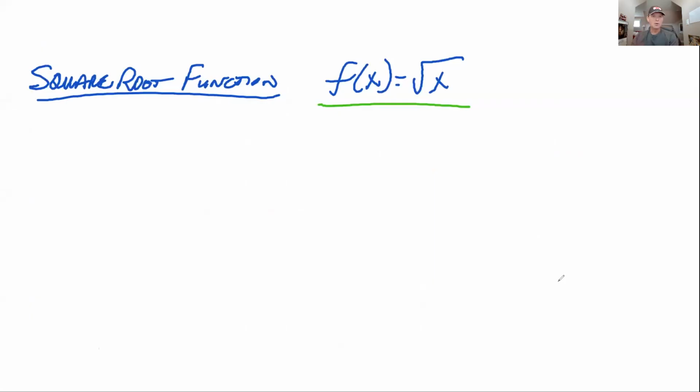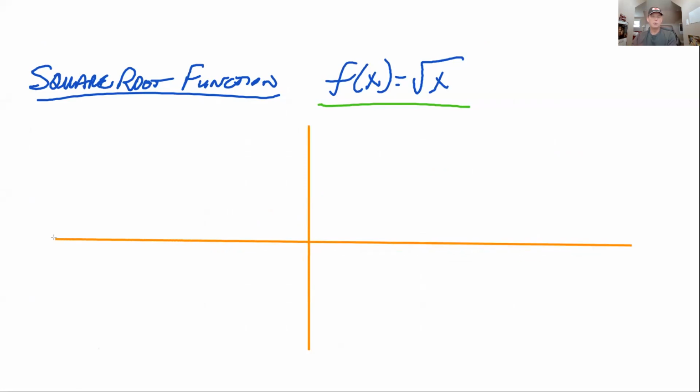So what I'd like you to do on your paper is set up a graph. I think I'll move this over here, actually. Okay. And we'll go 1, 2, 3, 4, 5, 6, 7, 8, 9, 10, 11, 12, 14, 15, 16.